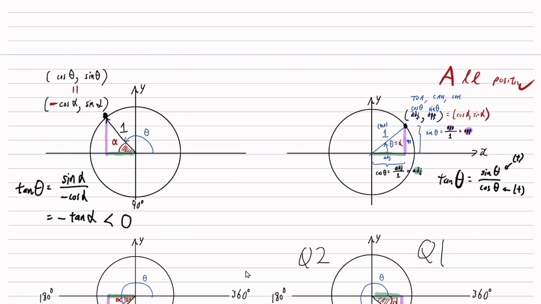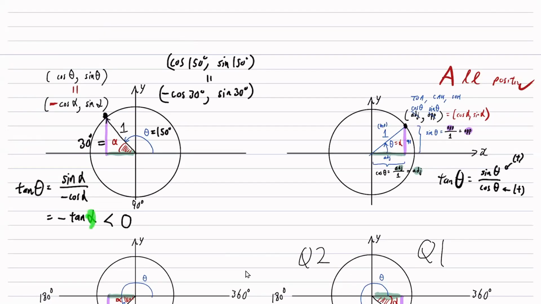I'm using symbols. Alpha can be any angle, let's say 30 degrees. If it's 30, then this will be, for example, 150 degrees. This will be 30 degrees. So what I'm saying is cosine of 150 degrees, comma, sine of 150 degrees is equivalent to cosine of 30 degrees, but you have a minus sign, sine of 30 degrees, but you have no minus sign, just positive.